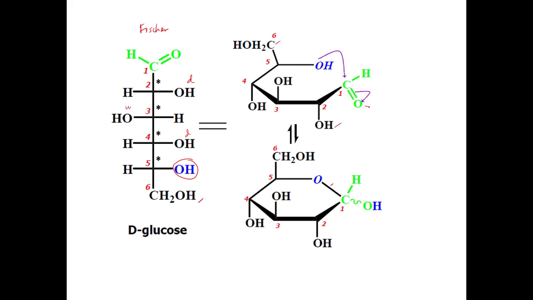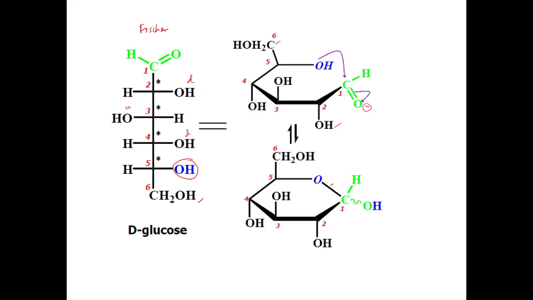So, magiging negative siya dyan. Now, remember, meron tayong naalis na H dito. So, itong H na to will be bonded to the oxygen here. Okay? So, it will be bonded to the hydrogen here. So, that will become OH.